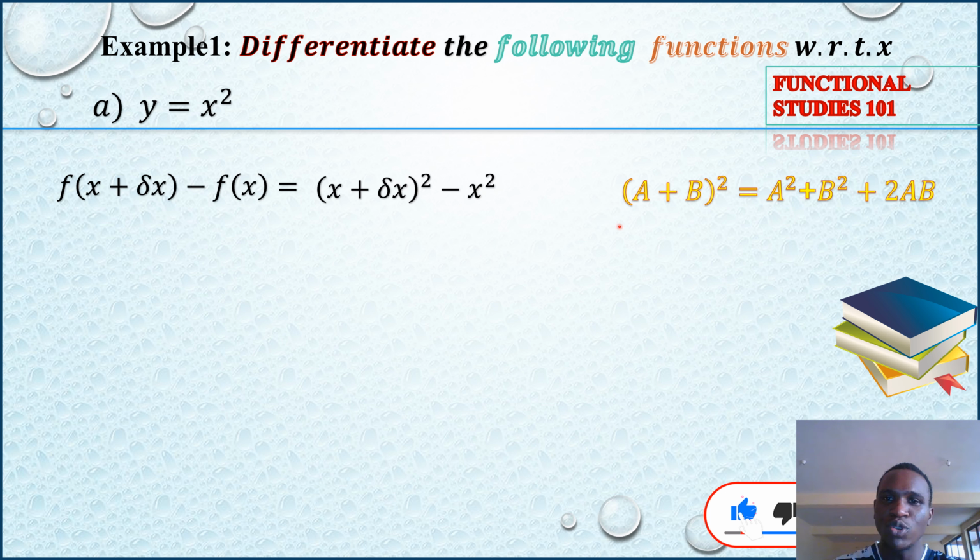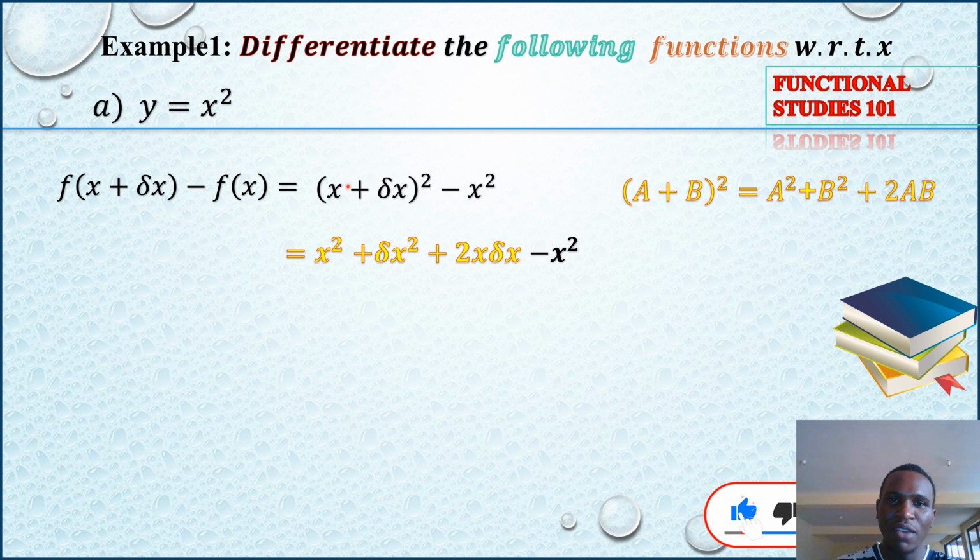You take the first term, square it, plus the second term squared, plus 2 times their product. Never forget it; the only way to master it is by practice. So we apply it here.